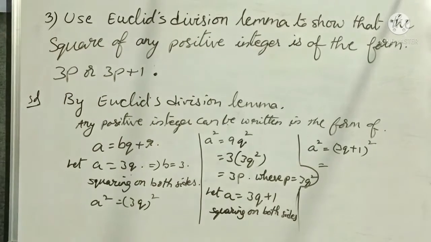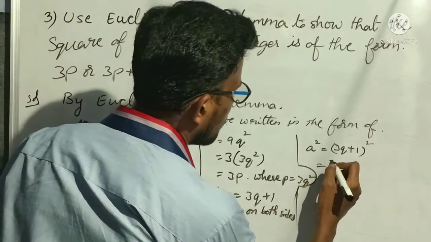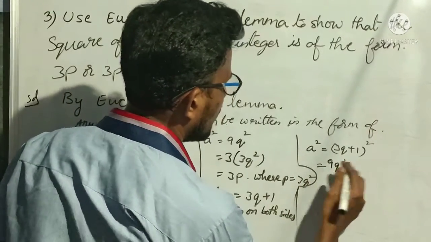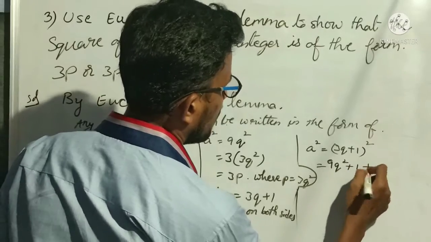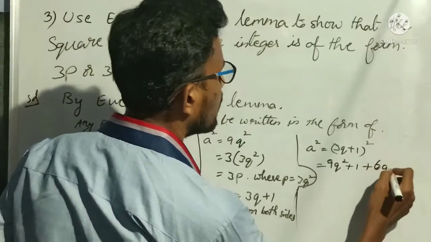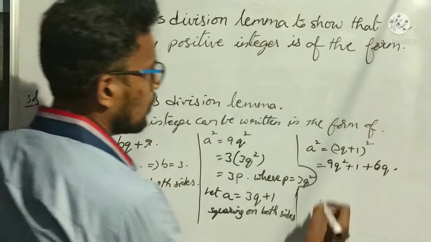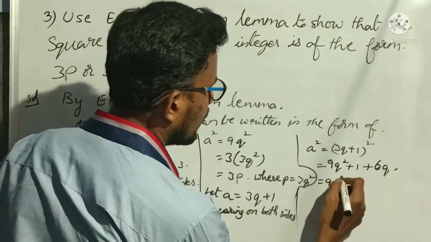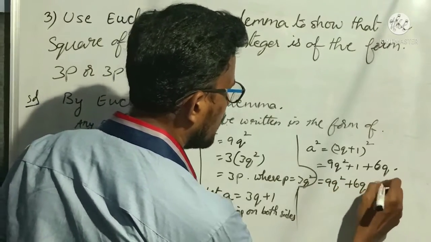Okay. So that is equal to, 3q plus 1 whole square means a plus b whole square, that is 9q square plus 1 plus 6q. Okay.